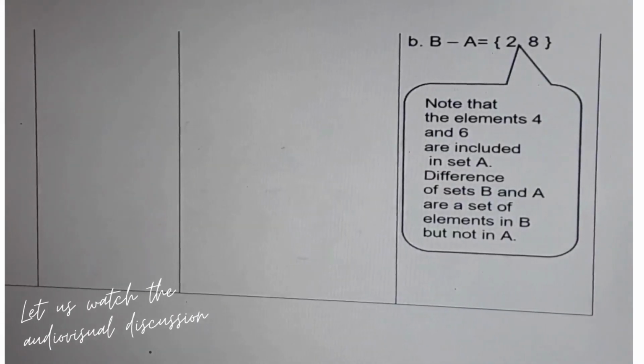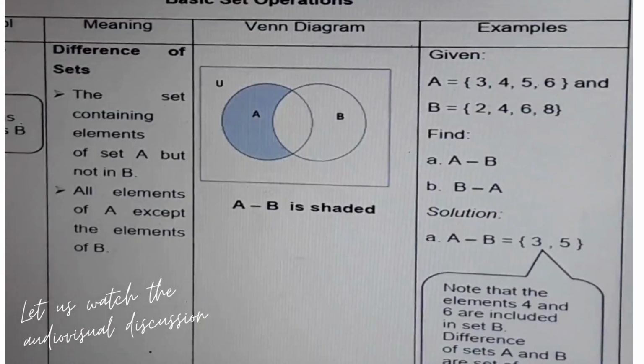While the second requirement, comparing the difference between B and A, we are reversing the arrangement. The minuend is B and the subtrahend is A. So these are the elements in B, not in A. So what are those elements comparing sets A and B?